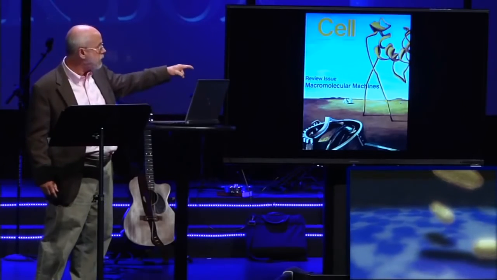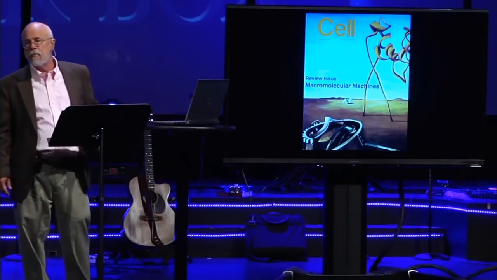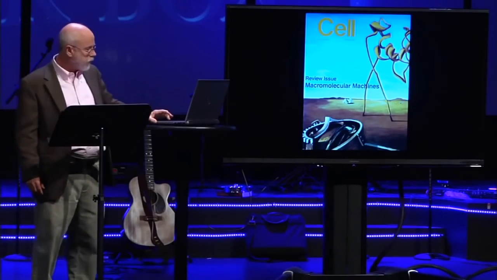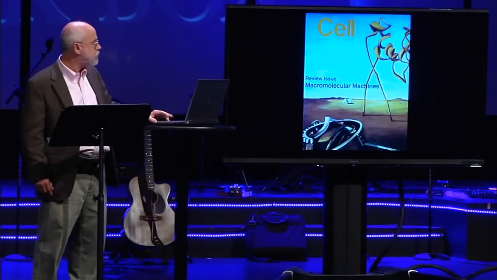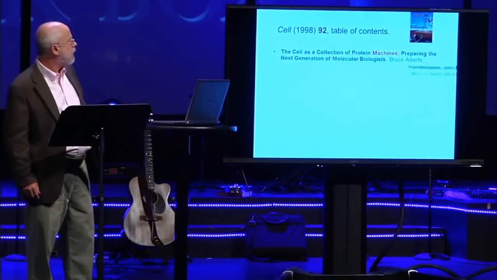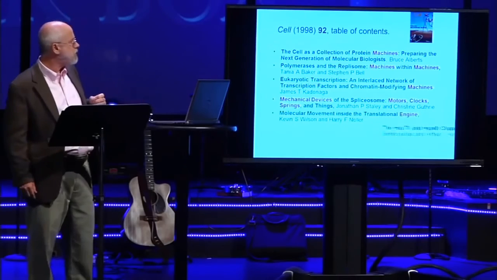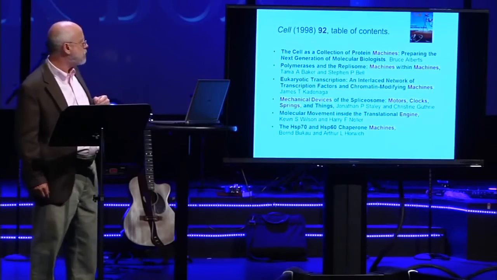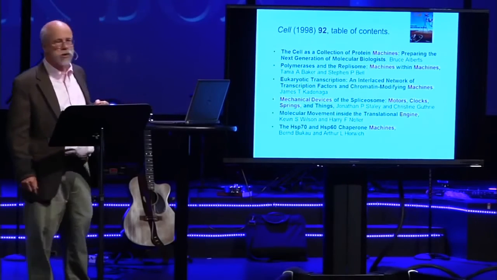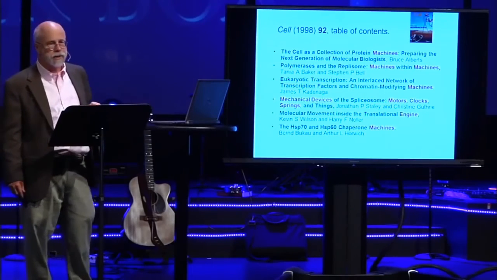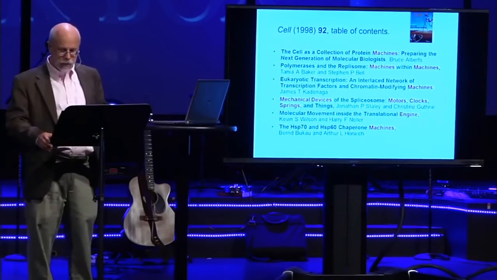The issue is entitled Macromolecular Machines. And if you look at the titles of the articles in the table of contents, you see things like: the cell is a collection of protein machines, polymerases in the replisome, machines within machines, mechanical devices of the spliceosome, motors, clocks, springs, and things. Things like this are all over biology.